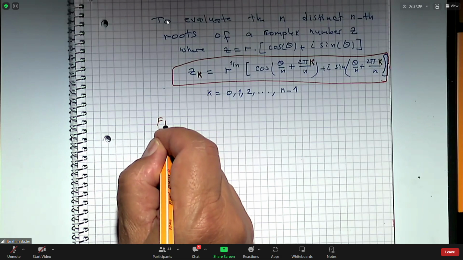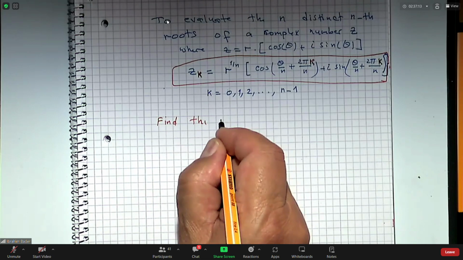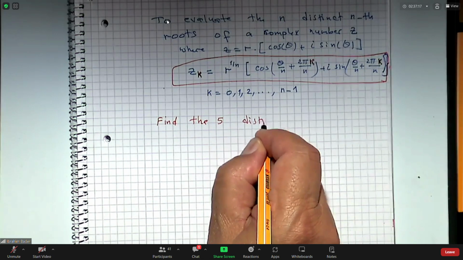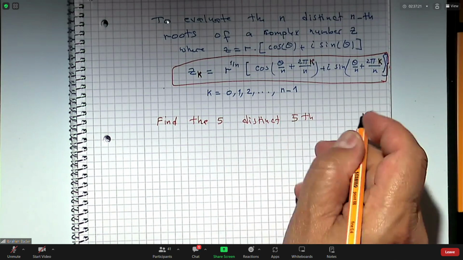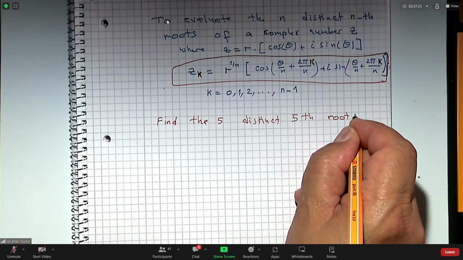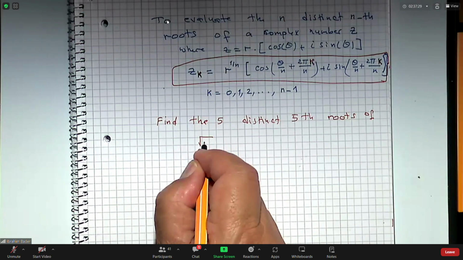Find the 5 distinct fifth roots of the number that we had before.